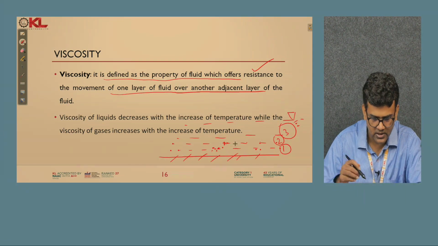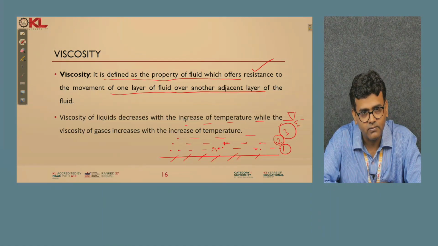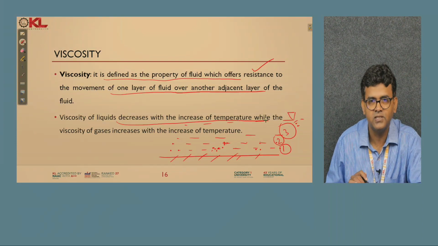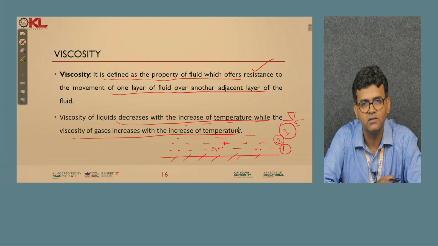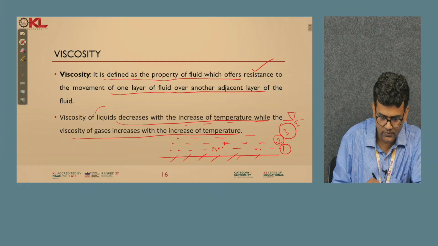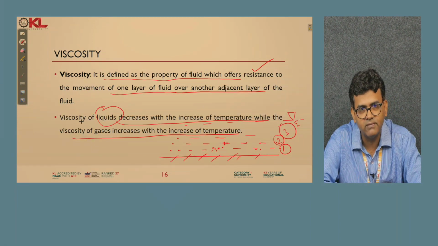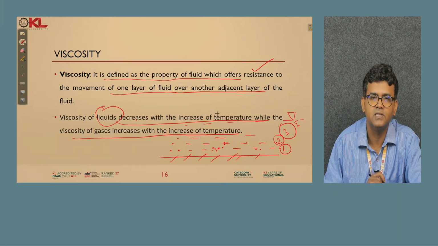Viscosity depends on the temperature. Viscosity of liquids decreases with the increase of temperature, while viscosity of gases increases with the increase of temperature. You can see here, if the fluid is a liquid, then the viscosity will decrease with the increase of temperature.